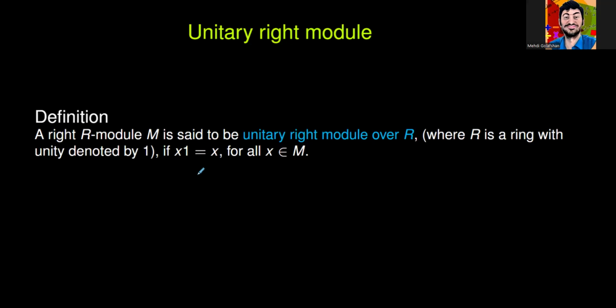So whether they are the same or different, studying all the left modules over all rings is the same as studying all right modules over all rings. So let me remind you of some remarks.